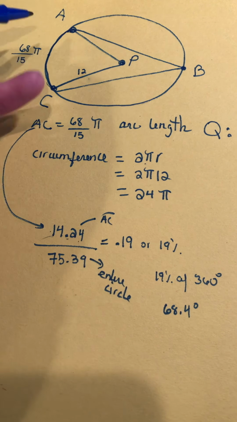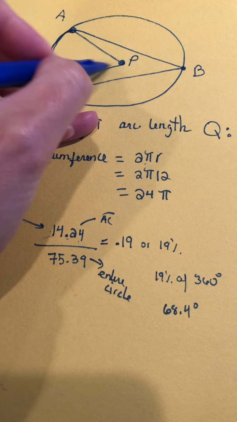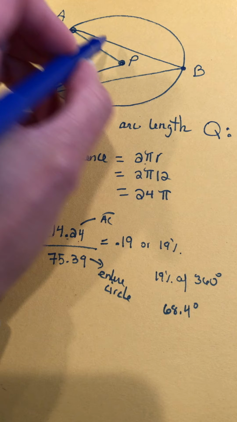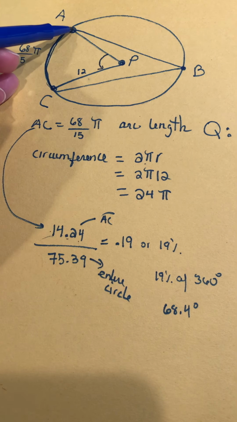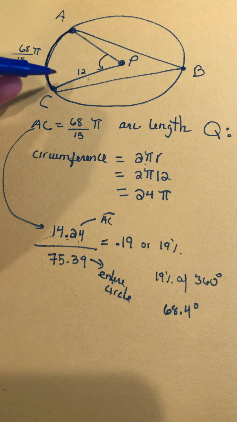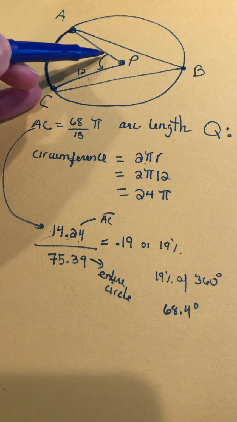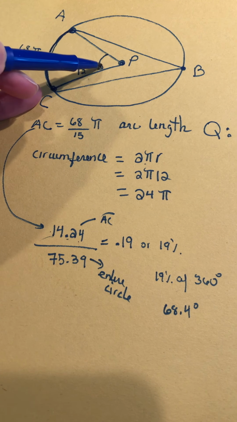And if I think about this angle, I can actually calculate how far it has opened up. If this distance is roughly 19% of my journey all the way around, it's also reasonable to assume that this angle measures roughly 19%.